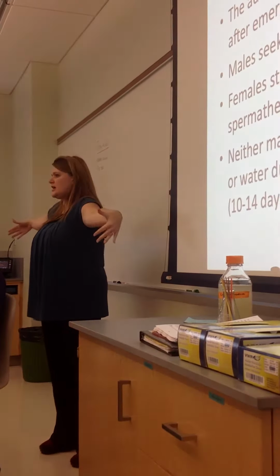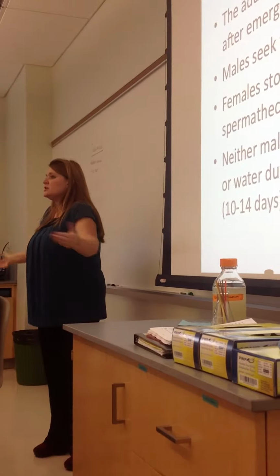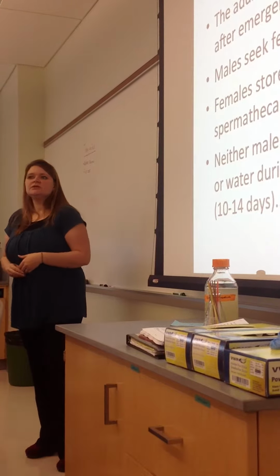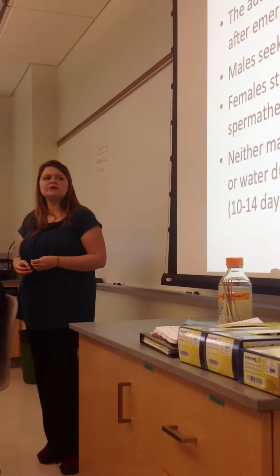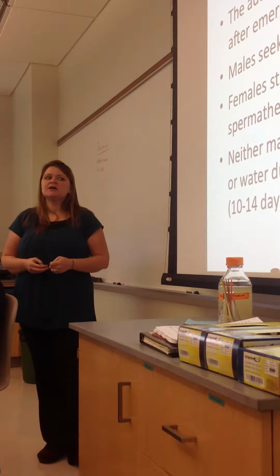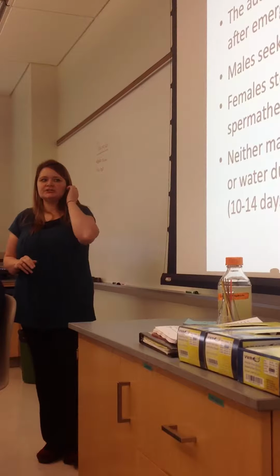Now it's really big and fat. And then it goes into pupation, and it molts into a beautiful adult bean beetle. That was a little bit more information than I had intended to give, but I'll go over that a little bit more slowly in just a second.